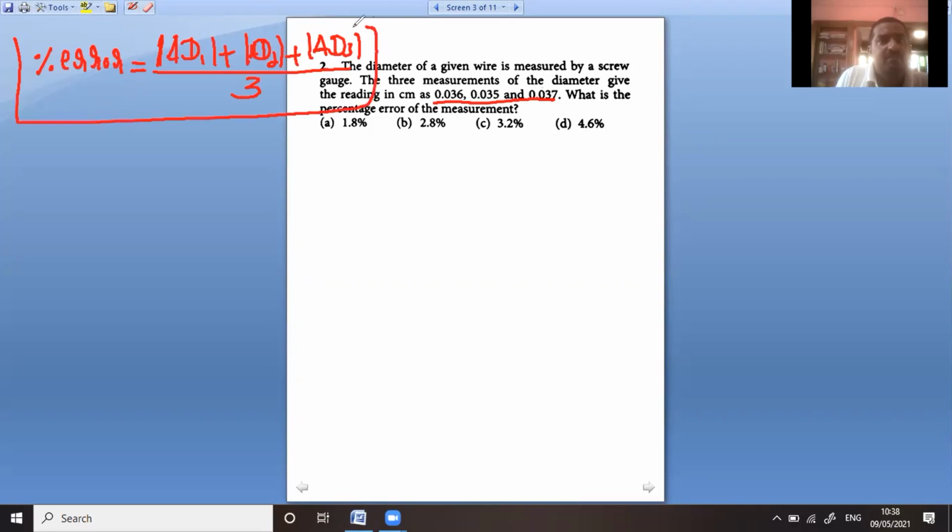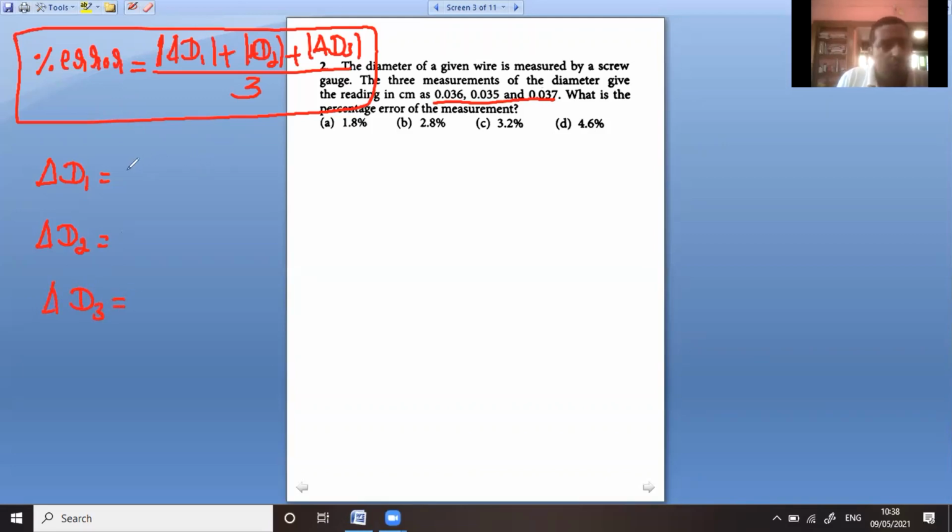So this is the formula to find out the percentage of error. You know very well in the theory. Now how to find out the absolute error in diameter 1, diameter 2, diameter 3?